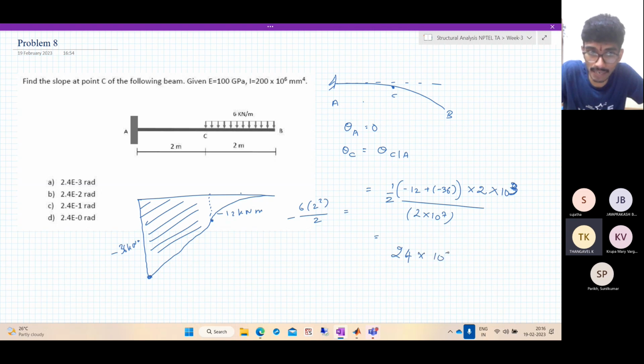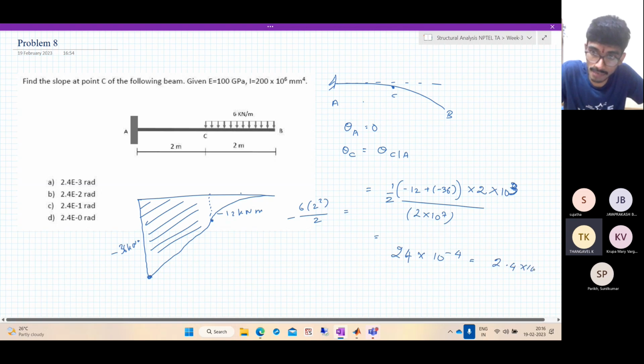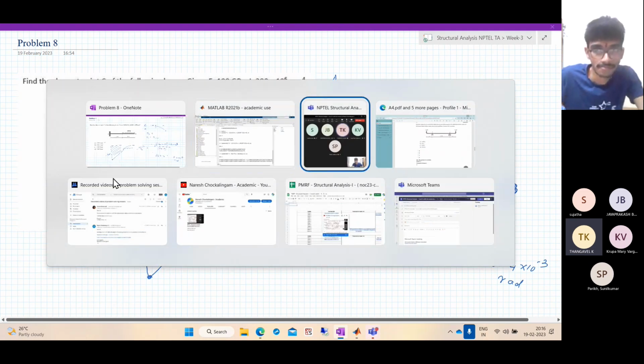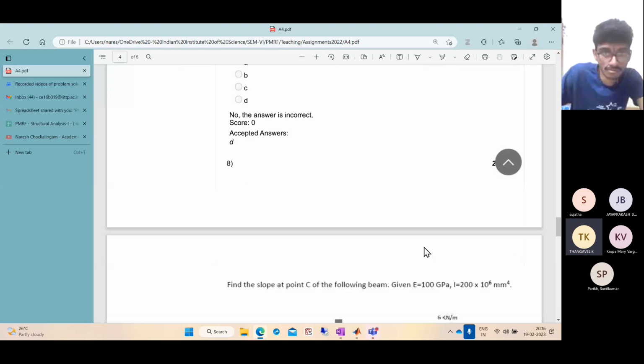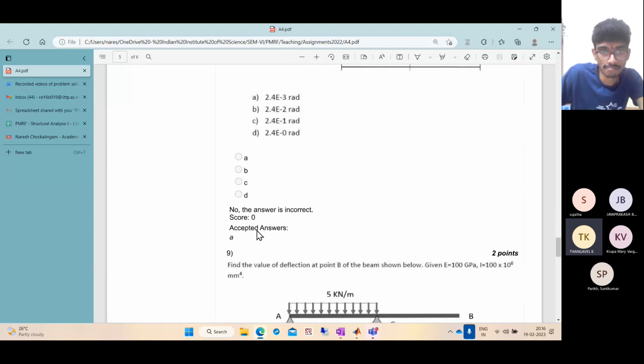It is 24 into 10 power minus 4. So it is 2.4 into 10 power minus 3 radians. This is the answer. Let's also check it. Yes, it's the correct answer.